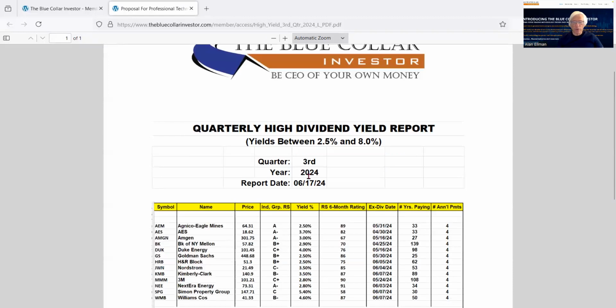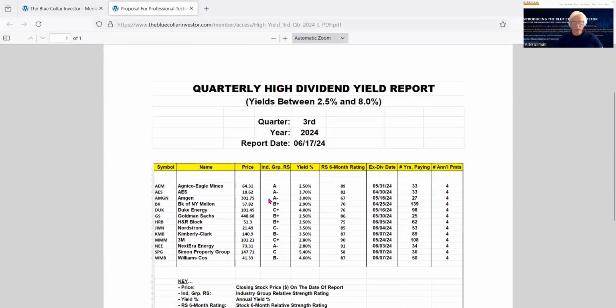And this is for the third quarter, 2024. And it lists the securities that have adequate trading volume, that have returns of 2.5% to 8% dividend yields, and we list them alphabetically, and we give additional information regarding the actual yield, the number of years it's been paying dividends, how reliable is it, the number of dividends.